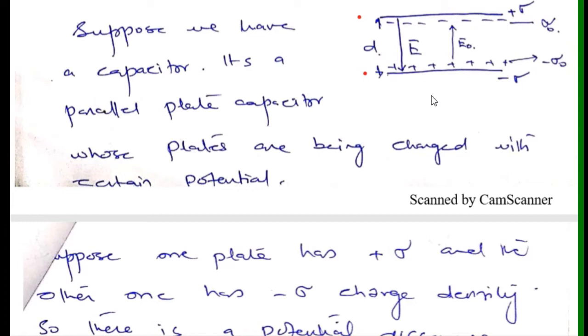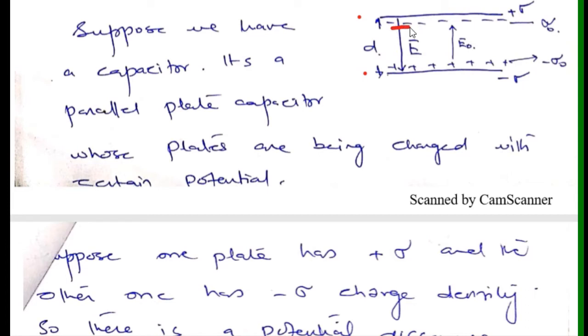I have made a parallel plate capacitor, and now what I'll do is introduce a dielectric material within these plates. So naturally, because the positive charge is present on this plate, after the introduction of the dielectric material within these plates, the polarization process will take place in the dielectric. All the negative charges will shift.